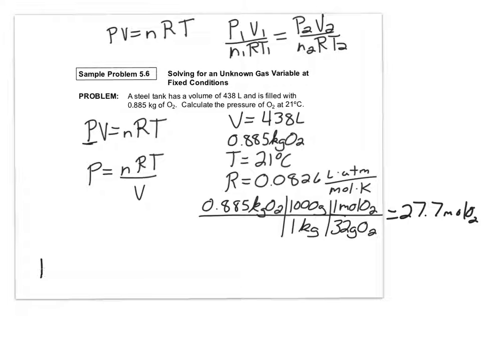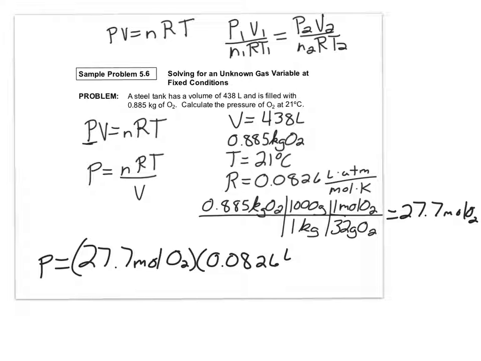Okay, so P is then going to equal 27.7 moles of O2 times R, which is 0.0826 liters times atmospheres divided by moles times Kelvin, times T. Now, our temperature they gave us is in degrees C, so remember we have to convert that to Kelvin by adding 273.15. So that's going to be equal to 294.15 Kelvin. Let me plug that in here.